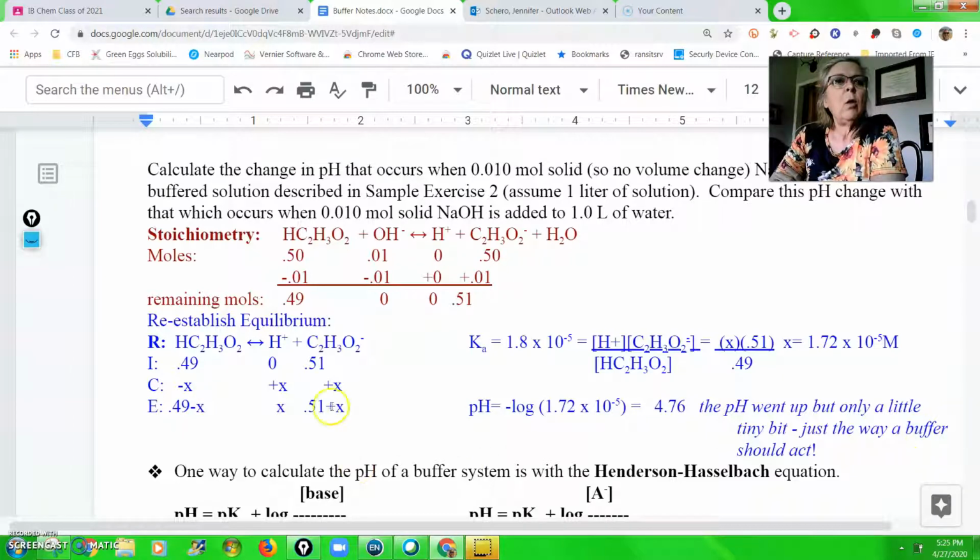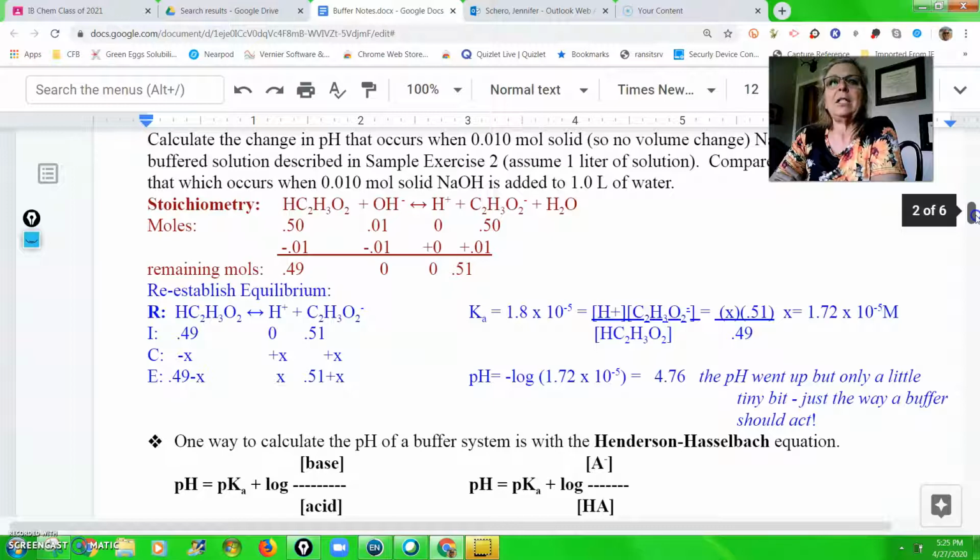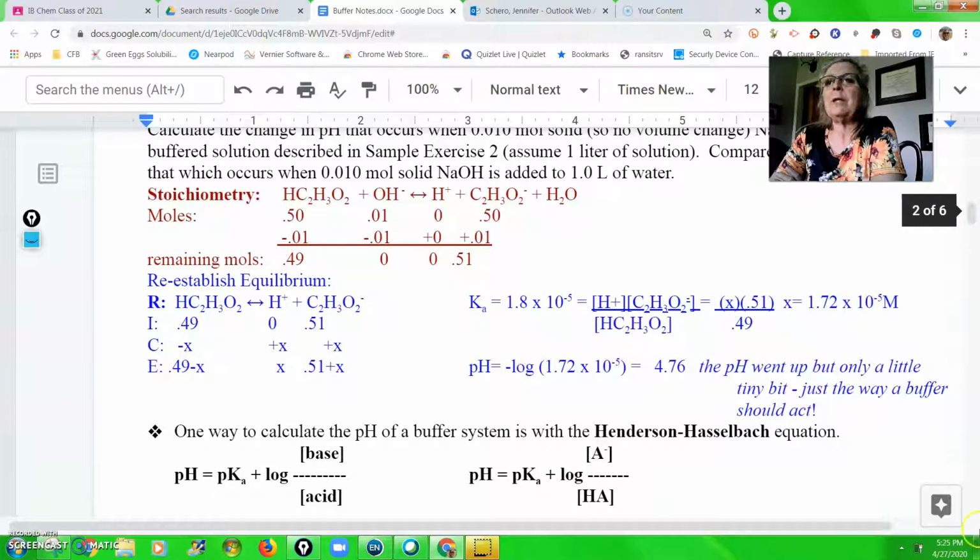Okay, so with that in mind, we can reestablish our equilibrium calculation using Ka, so we can find the hydrogen ion concentration, which then we take the negative log of, and we find that the pH went up only a tiny bit, not a lot, and this is exactly the way our buffer should act. Remember, its job is to limit the amount of change in pH.